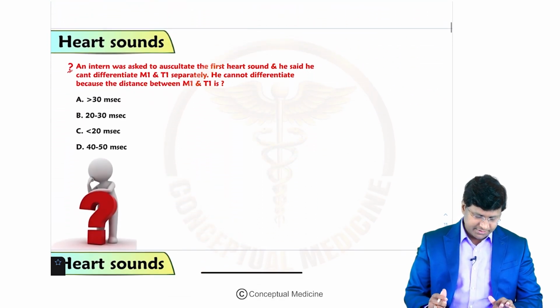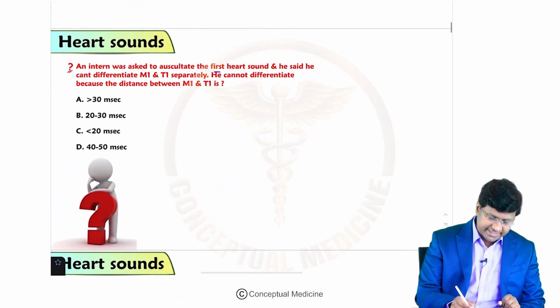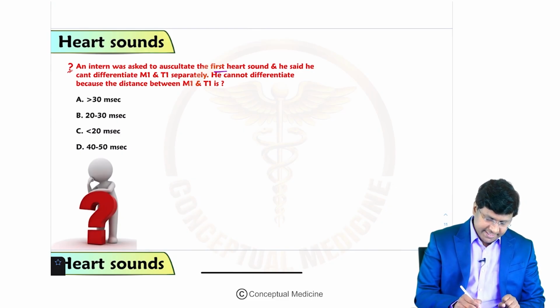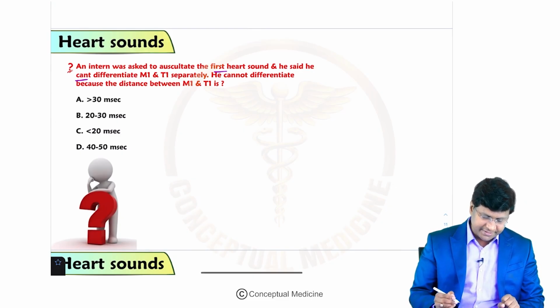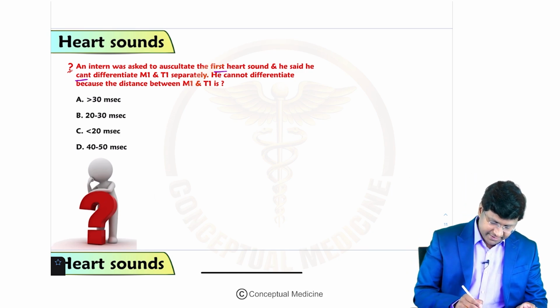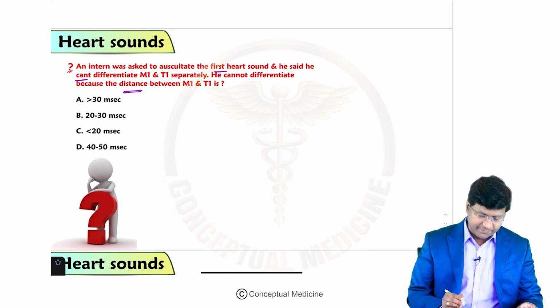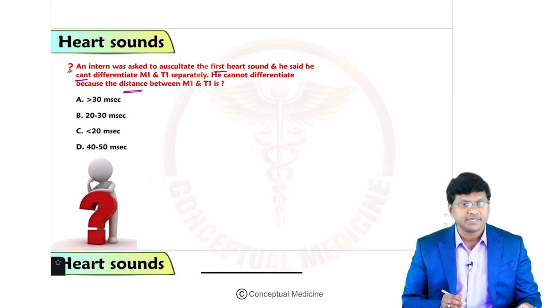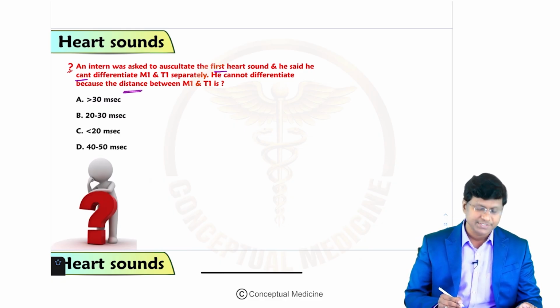You see a question here. An intern was asked to auscultate the first heart sound and he said he cannot differentiate M1 and T1 separately. He cannot differentiate them because the distance between M1 and T1 is: more than 30 milliseconds, 20 to 30 milliseconds, less than 20 milliseconds, or 40 to 50 milliseconds.